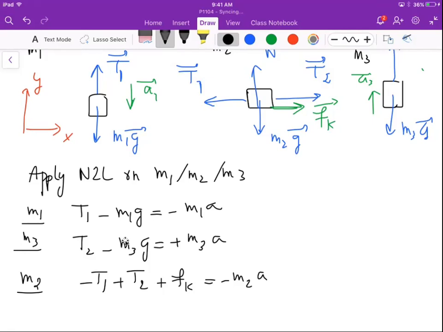The first equation stays as it is on M1, and on M3. For M2 we can combine the two equations into one, so it's minus T1 plus T2 plus FK, which is mu K times N, which is M2G, that is equal to minus M2A.